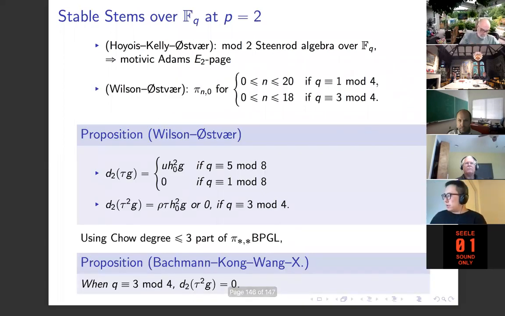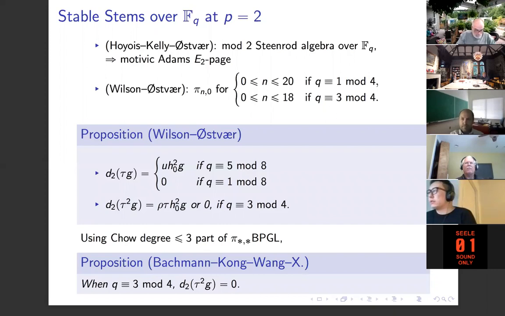We think we can give a complete description, but the result is still under construction. So do you think this pattern, with it being the sum of pi_n and pi_{n+1} of the classical stable stems, is true in general? Yes, we think that's the case, actually. Oh, wow, that's great. Okay, thanks.